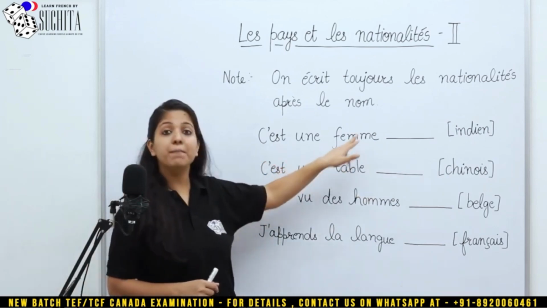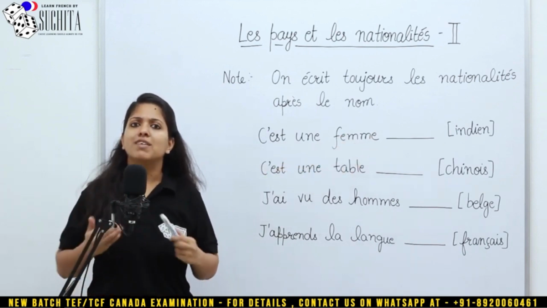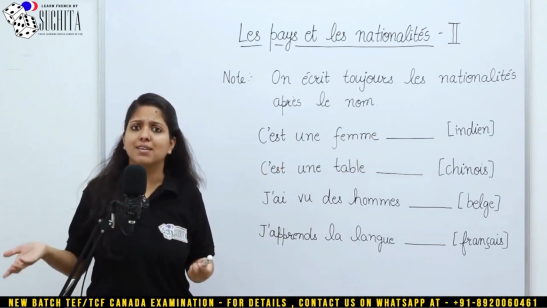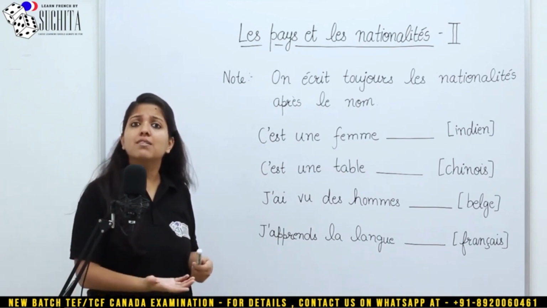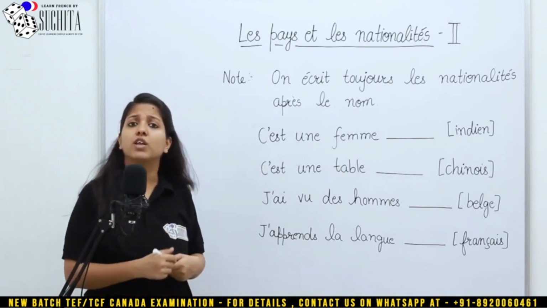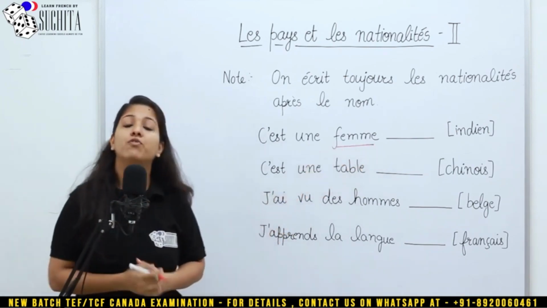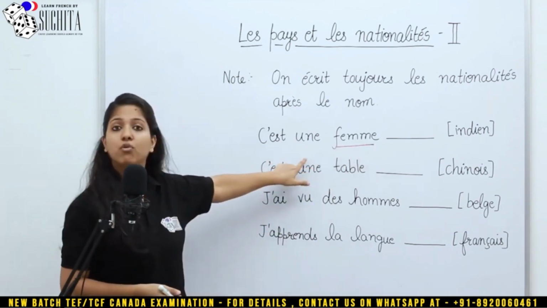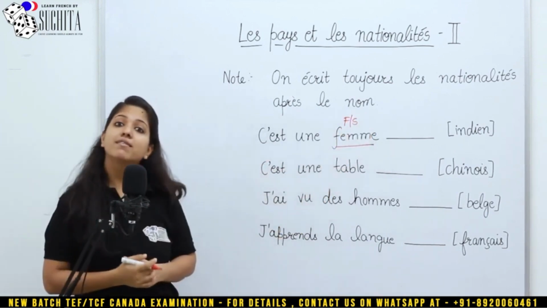And that is why you see that I have left a blank always after the noun. So c'est une femme, and in the brackets we have Anzia. So you will always have to look that you are using the nationality for which word in the sentence. As in, c'est une femme, this is a lady Indian. Indian is being used for which word in the sentence? We are using it for femme. And the word femme is féminin et c'est singulier because you have une. Féminin, singulier.